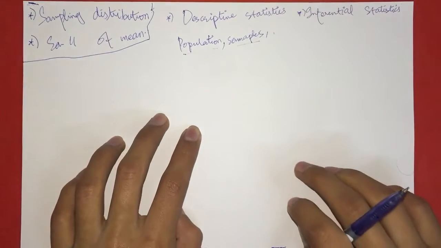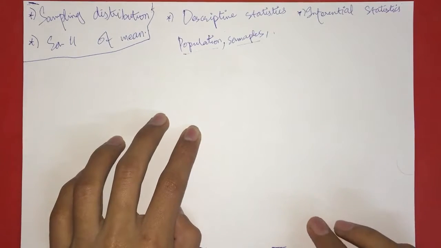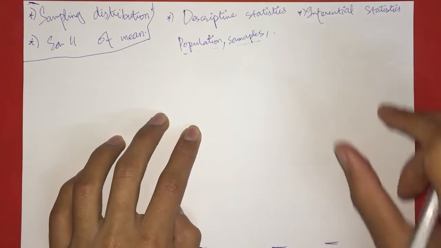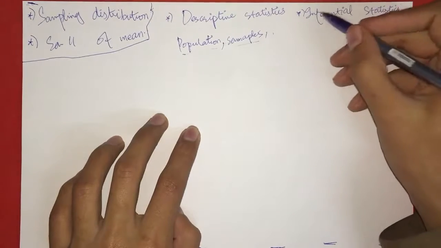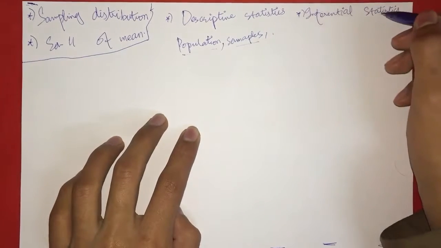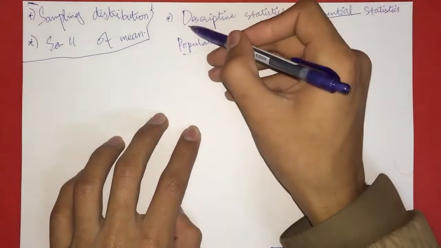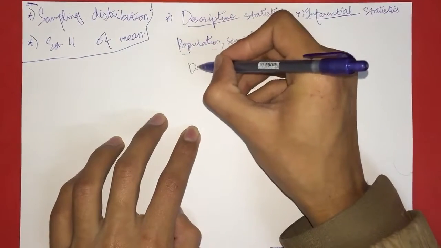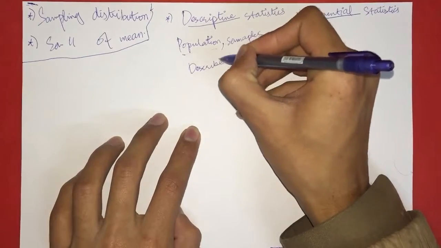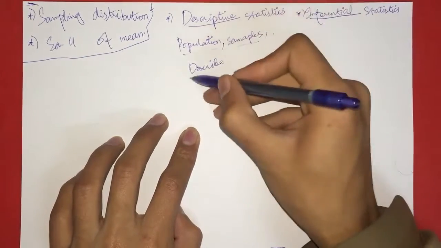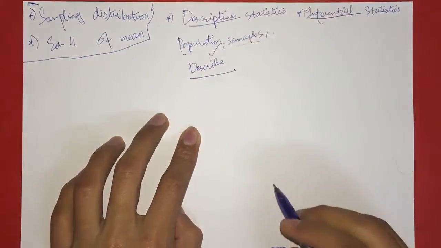But in inferential statistics, you don't have information about the population, you don't have information about the total possibilities. From descriptive, as the name suggests, is to describe. It means that you have all the information, you just have to implement it and describe what your information is.